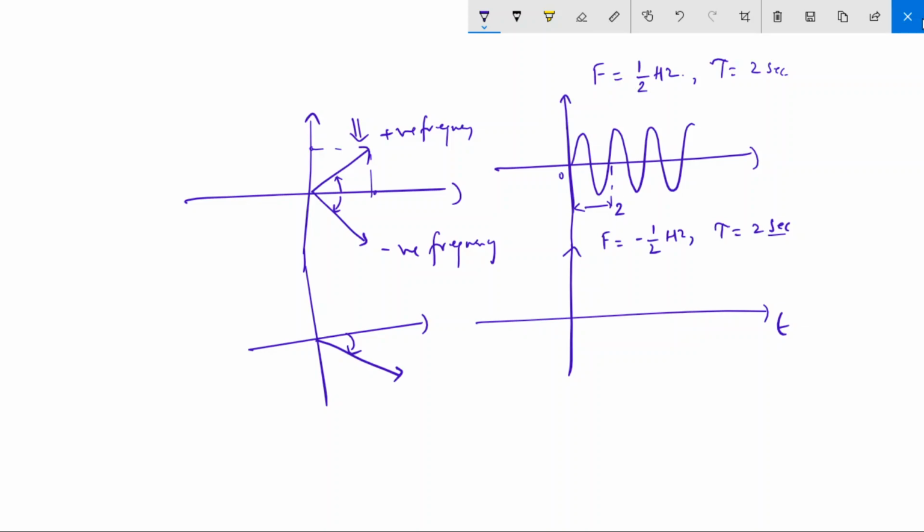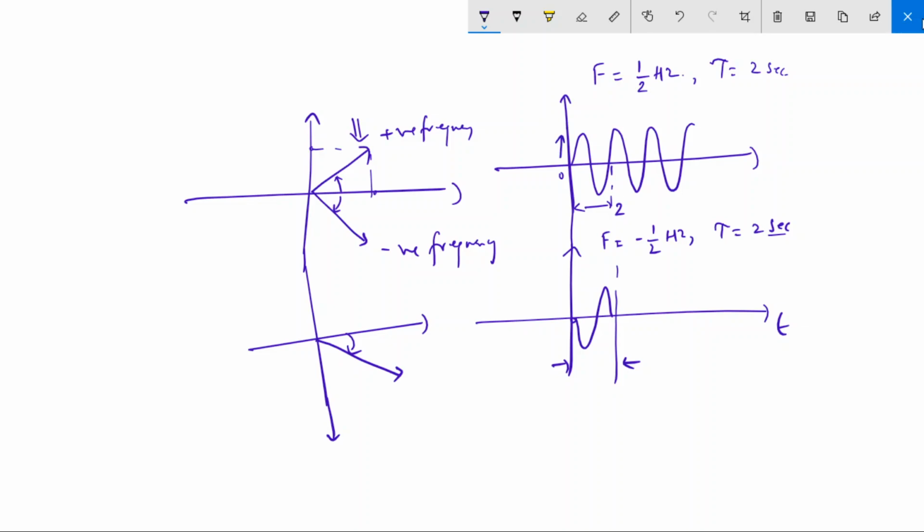It means at t equal to 0, it is 0. As t starts increasing, you first get negative values instead of positive values. So you get a wave like this. This is again 2 seconds. We get the sine wave, but the amplitude is reversed.